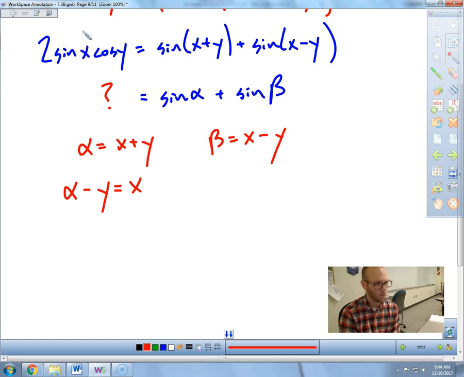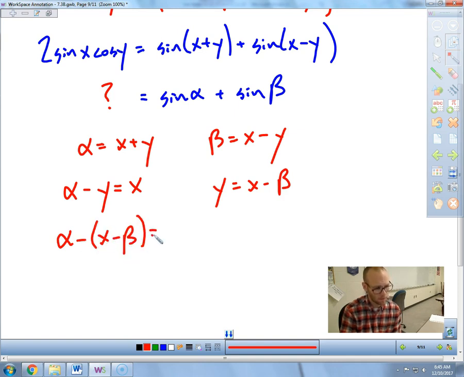We want only alphas and betas over here now. So how could I help myself out here? Well, I don't want this y in it. I can figure out what y is equal to over here. y is equal to x minus beta. So I believe I could substitute x minus beta in for this y. Alpha minus x minus beta is equal to x.